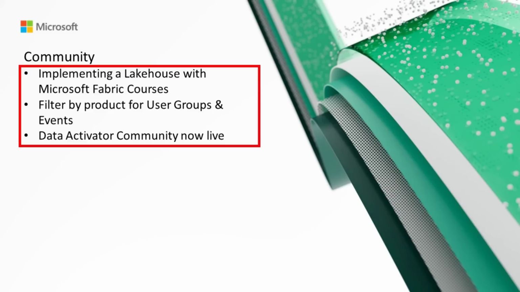Next, we've got Filter by Product for user groups and events. So some of you may have noticed that the names of the user groups page might have changed, but we didn't stop there. We've also added some new filtering for user groups and events. And that filtering is filtering by product.